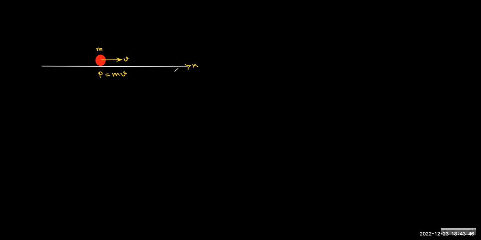The reason is in one dimension, the arrow is not required, but these are vector equations. Now you apply some force instantly. So at t equals t, this is the velocity, and imagine you apply a force.